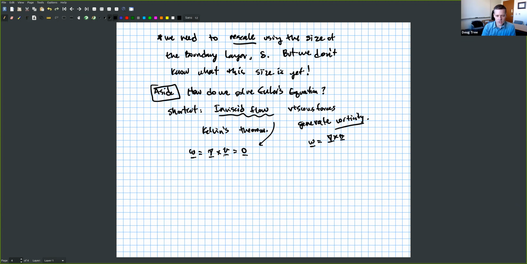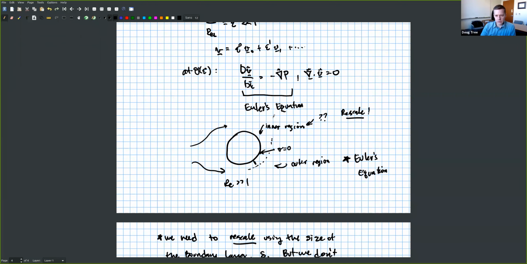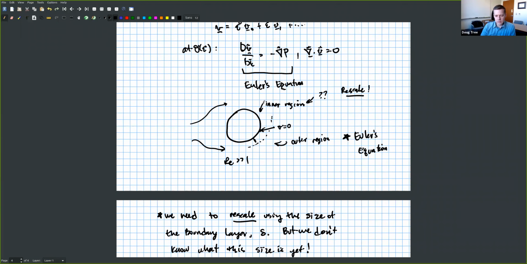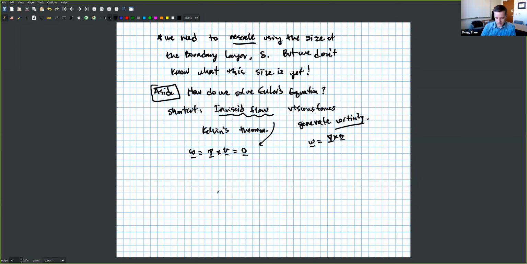So you can use this as a way to derive a different set of equations. And so you never actually solve Euler's equations directly. It's easier to solve a different set of equations. So this fact right here implies the following: the velocity is equal to a gradient of some other function, which is called the velocity potential.